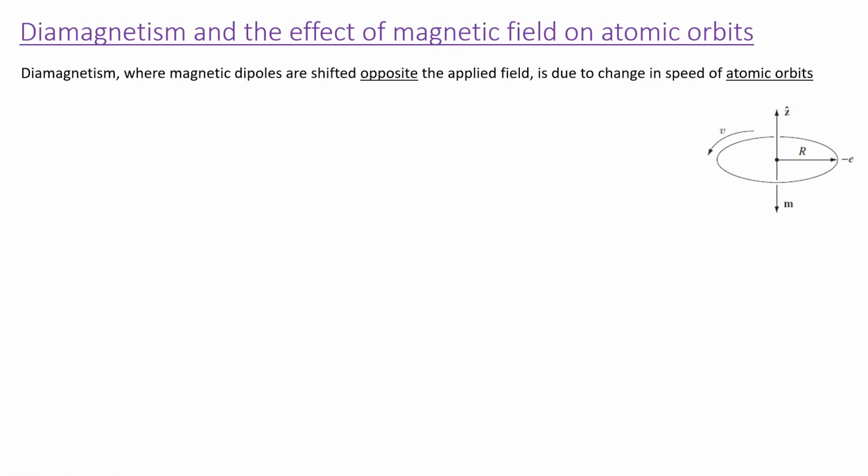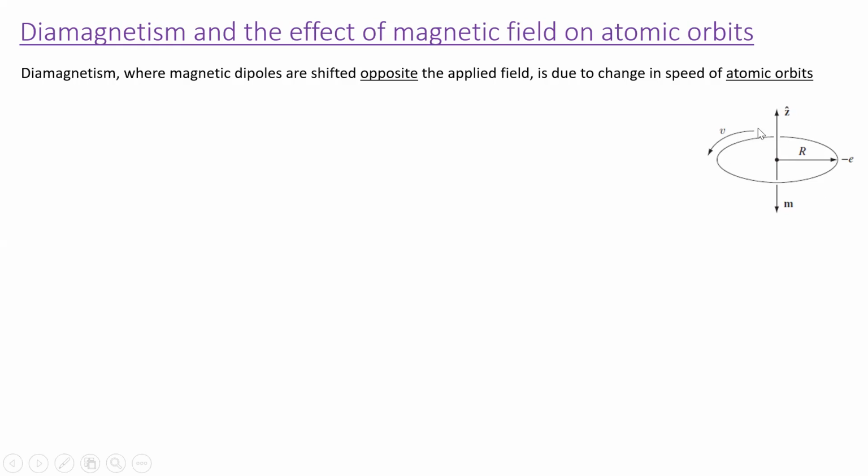Okay, so as I said, diamagnetism, where magnetic dipoles are shifted opposite the applied field, is actually due to a change in the speed of the electrons as they circle around these orbits. Now, just a quick word: you may be aware from quantum physics, or quantum mechanics, that electrons don't orbit in circular paths like this, that they're in probability clouds.